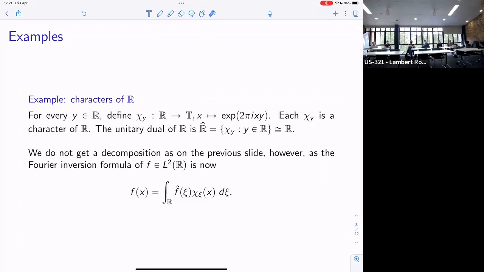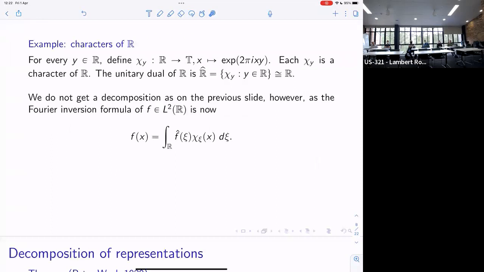And in the case of R, the characters are in one-to-one correspondence with the elements of R. But we don't have a direct sum decomposition of the left regular representation, by the same argument as on the previous slide. And you could motivate this, for instance, by looking at the Fourier inversion formula for an L2 function on R. In this case, the Fourier inversion formula gives a continuous decomposition of the L2 function over the unitary dual of R.